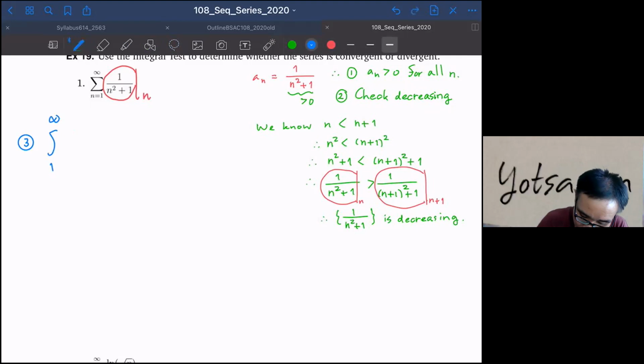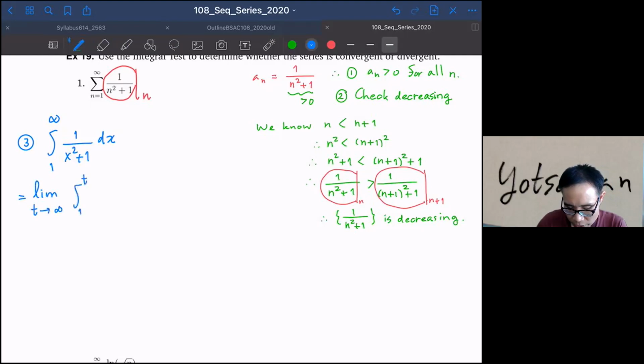So we have the integral from 1 to infinity of 1 over x squared plus 1 dx. If you recall from Calc 1, this turned out to be the limit as t goes to infinity of the integral from 1 to t of 1 over x squared plus 1 dx.